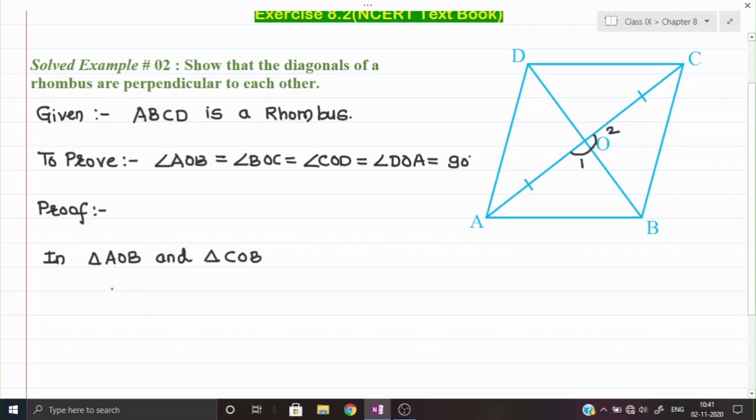First we shall write down here AB is equal to BC. How can we say AB and BC are equal? Since ABCD is a rhombus, it is given that ABCD is a rhombus, and in a rhombus all sides are equal.